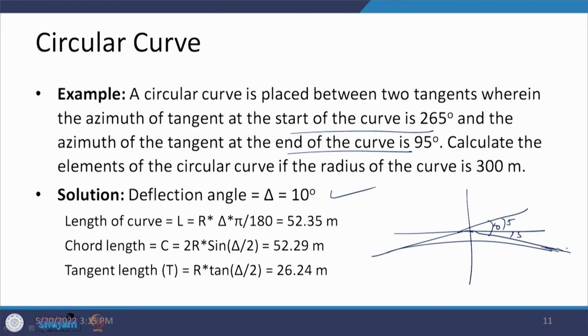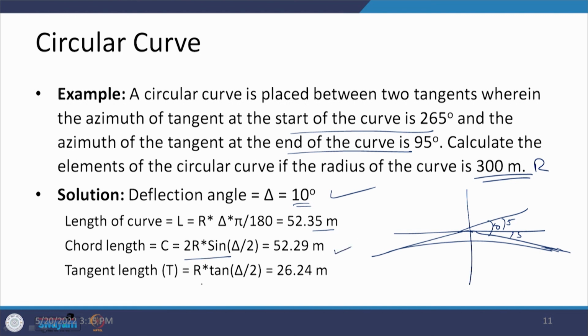Now we have to calculate the various elements, where R is given as 300 meters. The length of the curve is R into delta if delta is in radians, or otherwise it has to be converted. So, we get 52.35 meters. For the chord, it is 2R sin delta by 2, and again placing the values here, we get 52.29.